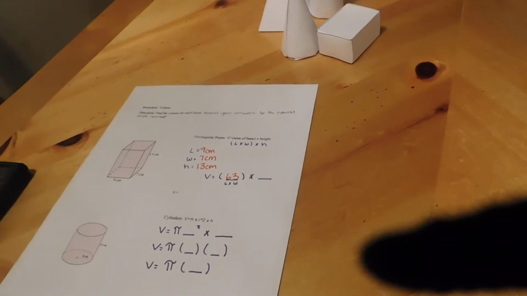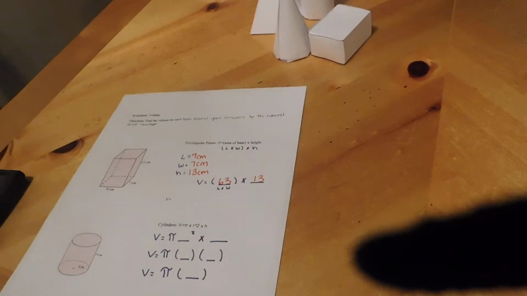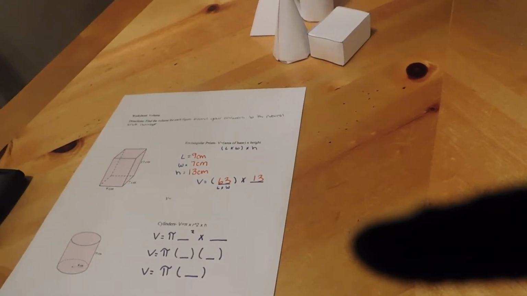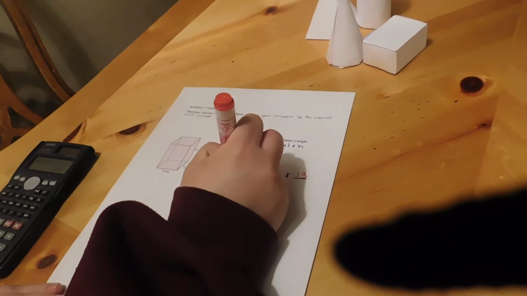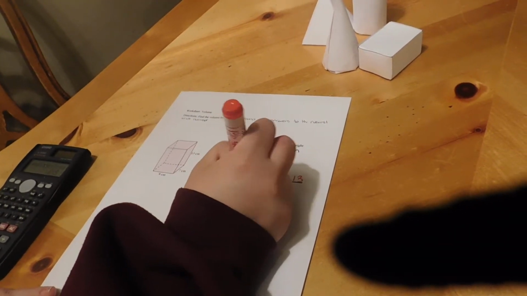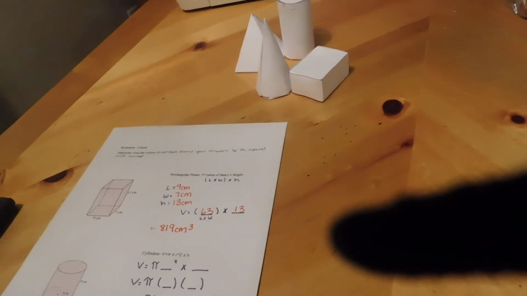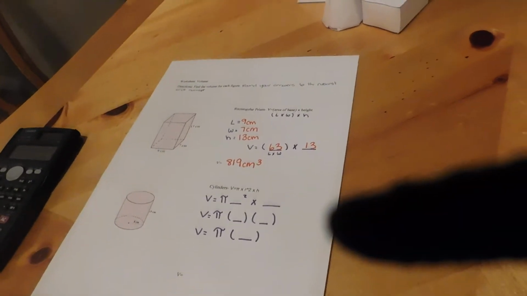Fill in the height in the formula, and then multiply the area of the base times the height. Explain to your students that the volume is always going to be cubed. The student did a good job of already marking that.